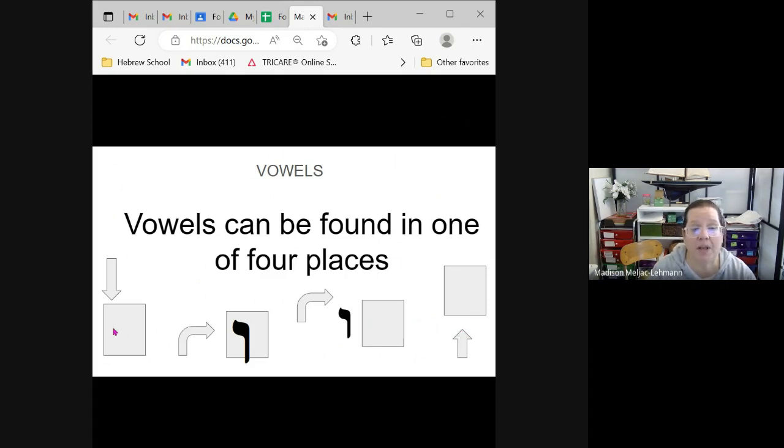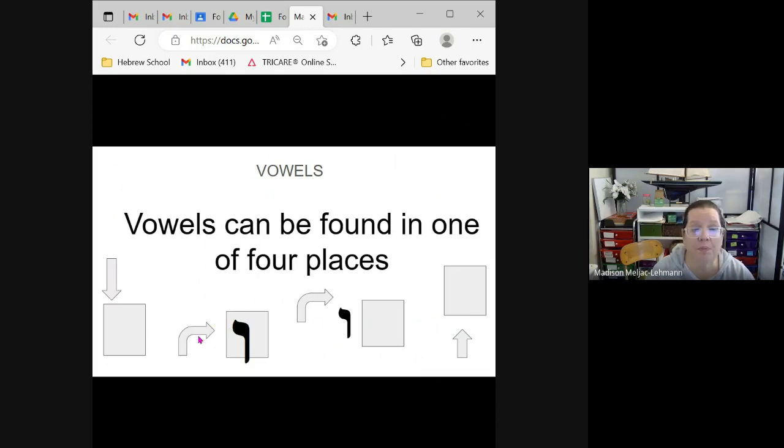And I'm going to skip way to the end because that's the next easiest one. You see the box here, say we put a letter mem in that box, okay? You could look on top, on the left side to the top, and there could possibly be a vowel up there, okay?